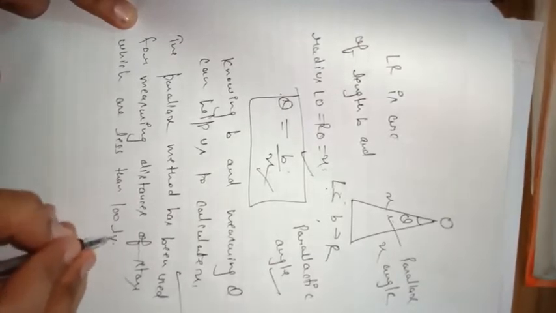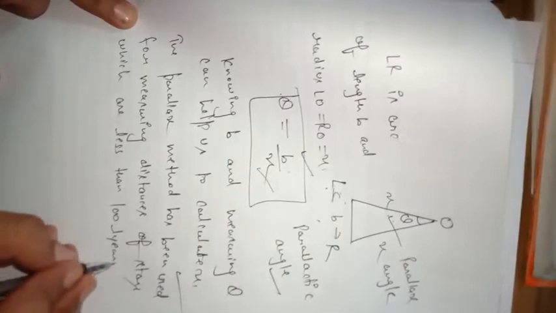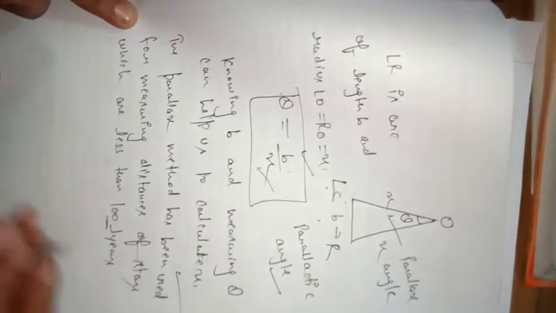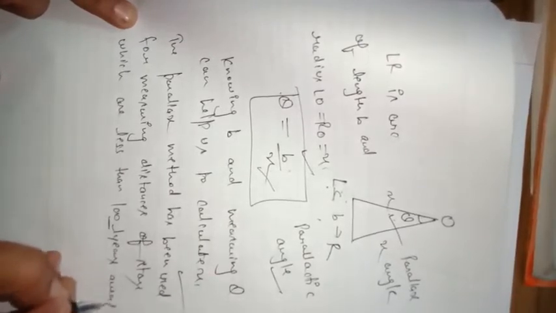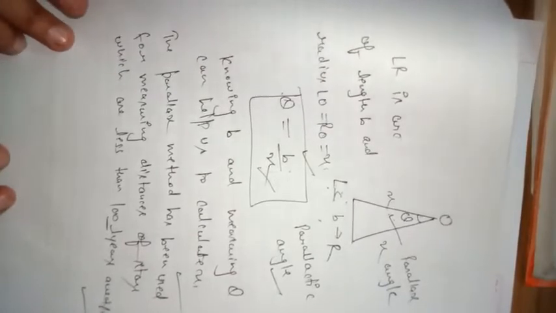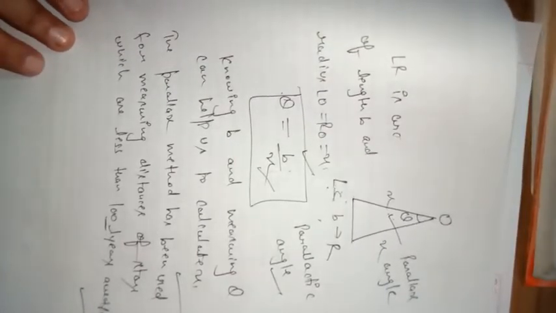So students, we can measure distances up to 100 light years. This L is light years. So by using the parallax method, we will calculate the distances of planets and even the stars.